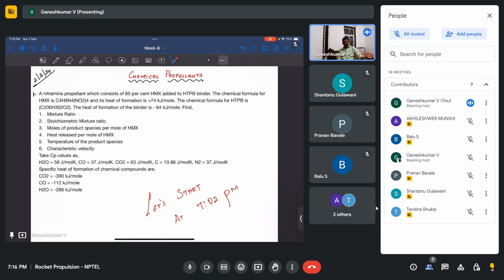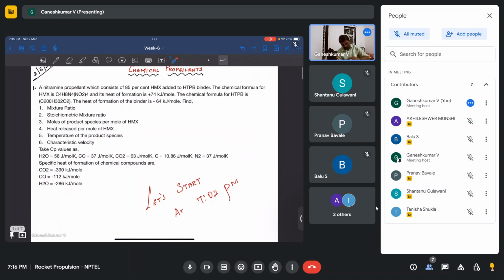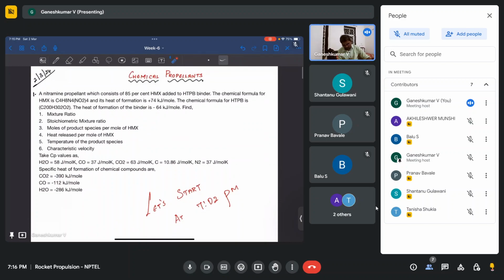All right. If there are no other questions, we'll quickly solve this question. Here I have a problem where we take a nitramine propellant which consists of 85% HMX. HMX is an explosive, actually used in bombs. But you can also use it as a propellant.